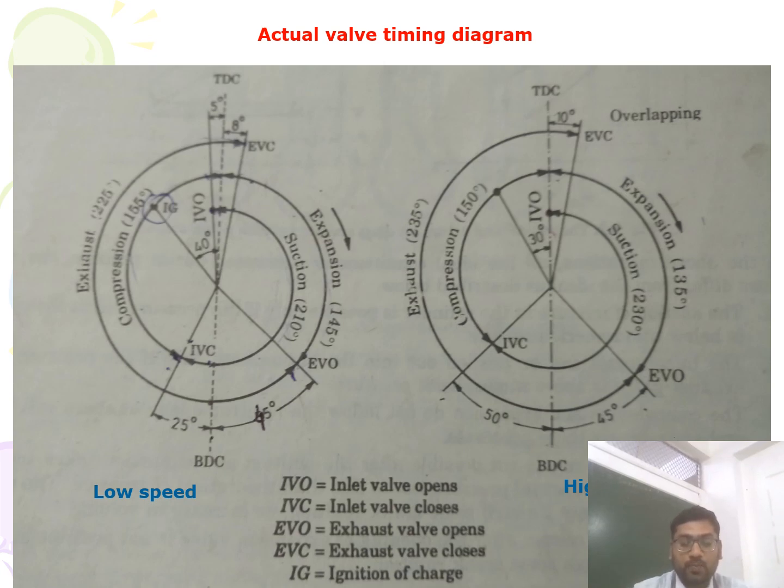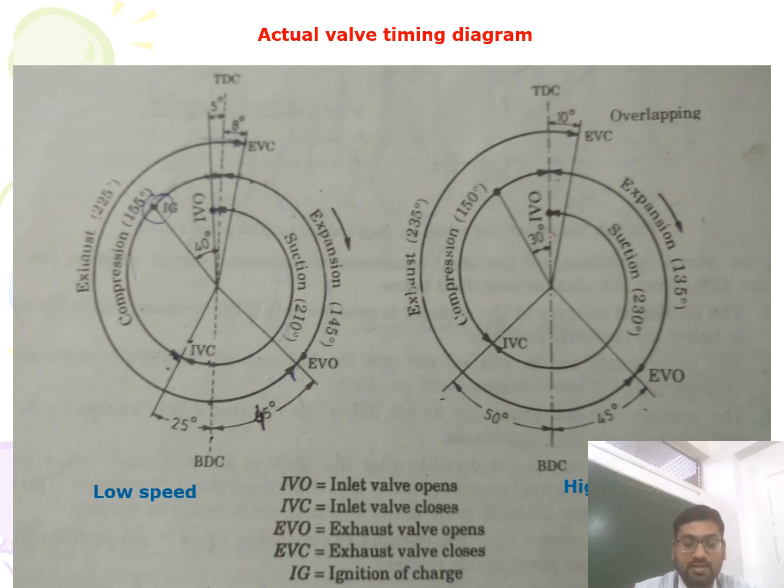If the valve opens close to BDC, I mean bottom dead center, the cylinder will receive less charge than its capacity, decreasing volumetric efficiency, and the pressure inside the cylinder would be somewhat less than atmospheric pressure.